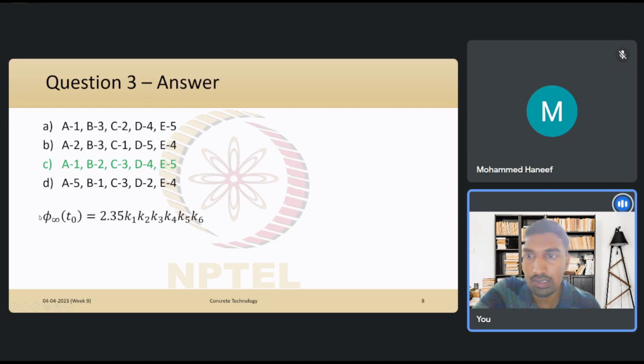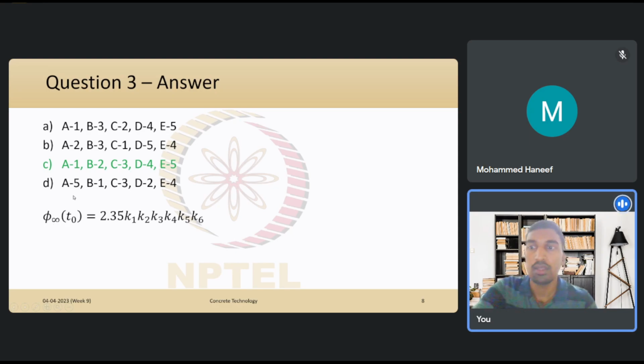So this is the equation from the ACI method. We have phi infinity of t0. What is this method for? This is for predicting the creep of concrete, where phi infinity is the ultimate creep coefficient.